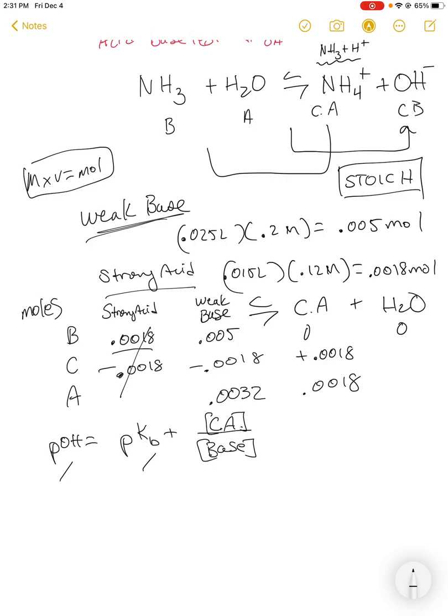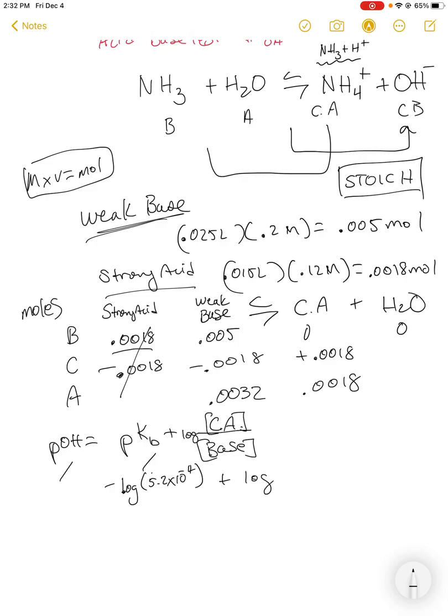So the pKb was given in the problem. So we want the negative log of the Kb, because that's pKb, 5.2 times 10 to the minus 4. And then, oops, forgot that little word log there.